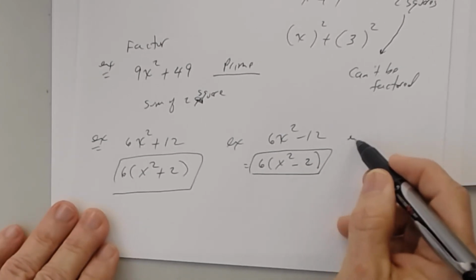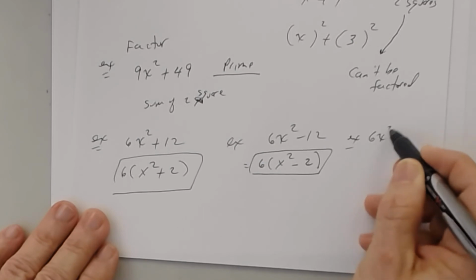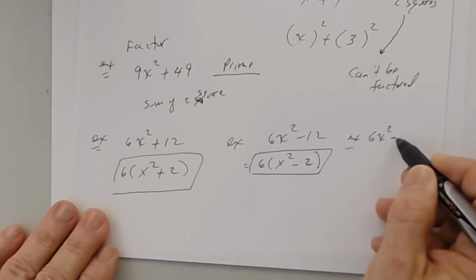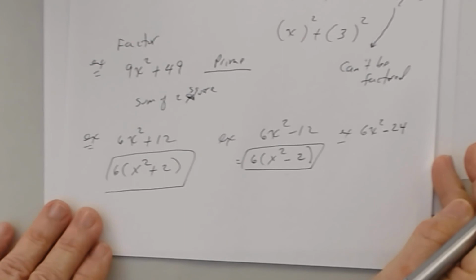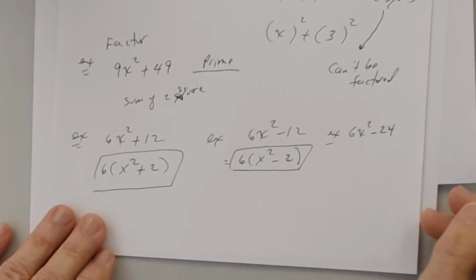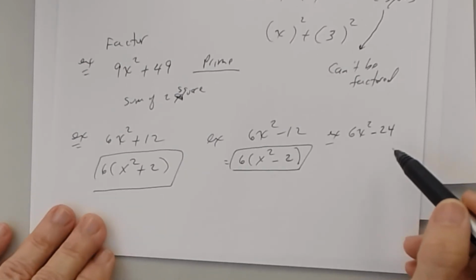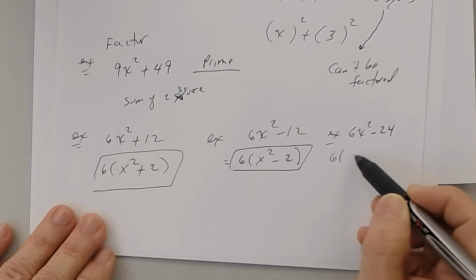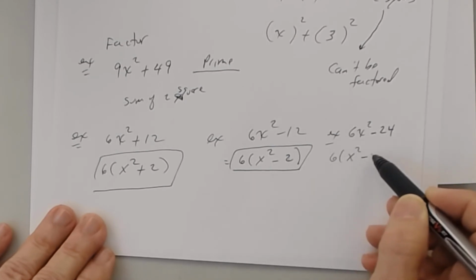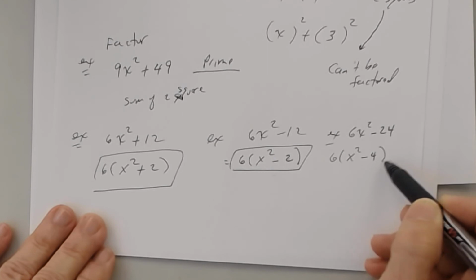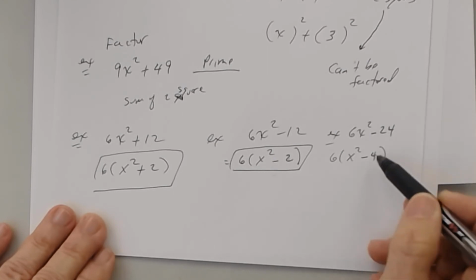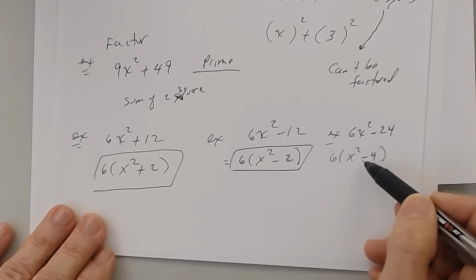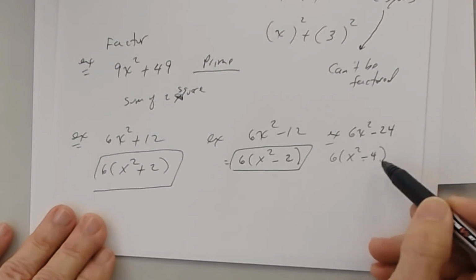What if you had this? 6x squared minus 24. What can I do first? GCF. What's the GCF? 6. Times what? X squared minus 4. Am I done? No, because this is now the difference of two squares, because 4 is a perfect square.